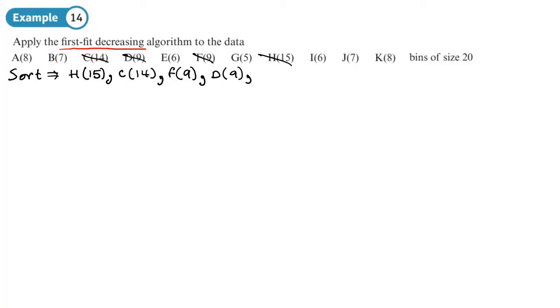We've got A and K are both 8. A is 8. K is 8. So I'll cross those off.